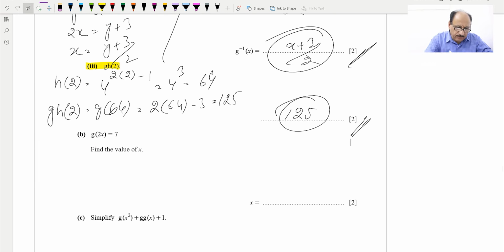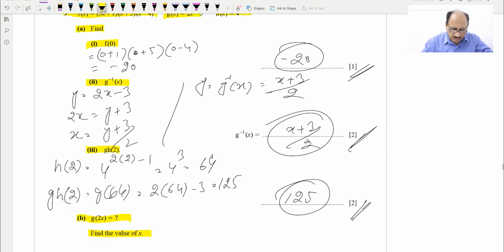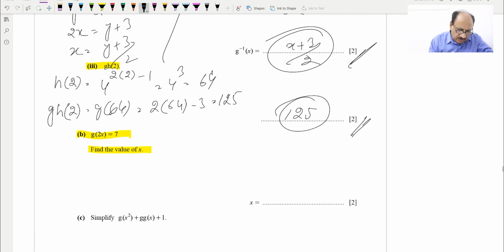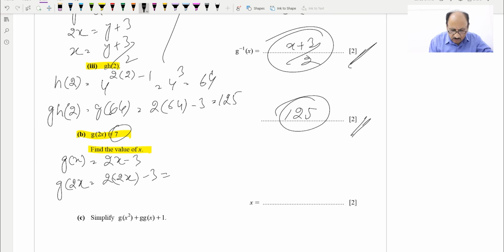So 125 will be our final answer for 2 marks. Now next B part says g of 2x is equal to 7. Find the value of x. So g of x is equal to 2x minus 3, and we need g of 2x. So g of 2x will be equal to 2 into 2x, x being replaced by 2x, minus 3, and they are telling us it is equal to 7.